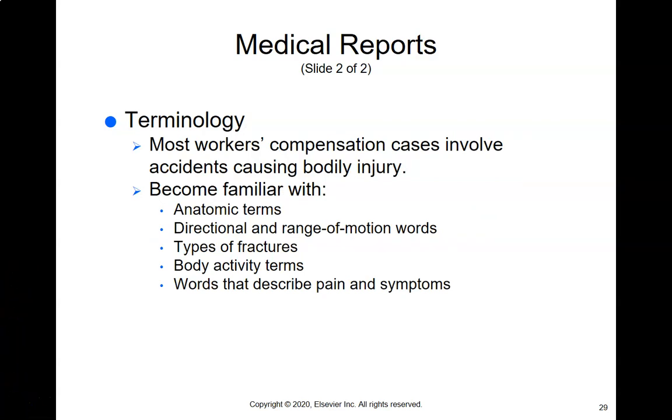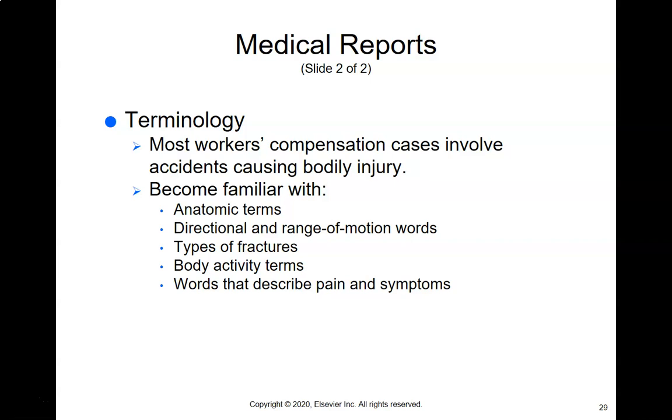Terminology. Most workers' compensation cases involve accidents causing bodily injury. Become familiar with the anatomical terms, directional and range of motion words. Types of fractures. Fractures can occur from falling, blows, impact hits, a disease process, or direct violence, such as a car accident.